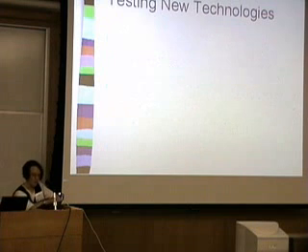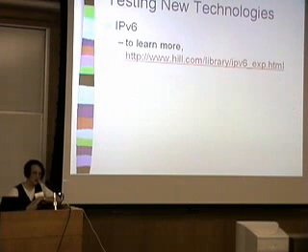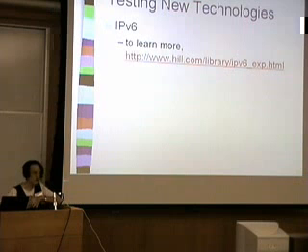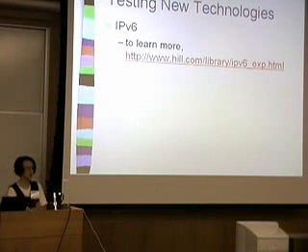So what kind of technologies are we talking about? First thing, IPv6. That's Internet Protocol version 6, the next generation. It's currently in the Internet Engineering Task Force Standards Committee review. Current version of Internet Protocol is version 4, and it was never really intended to work with the Internet that we have today, especially in terms of the number of hosts, the types of applications, and the security concerns.